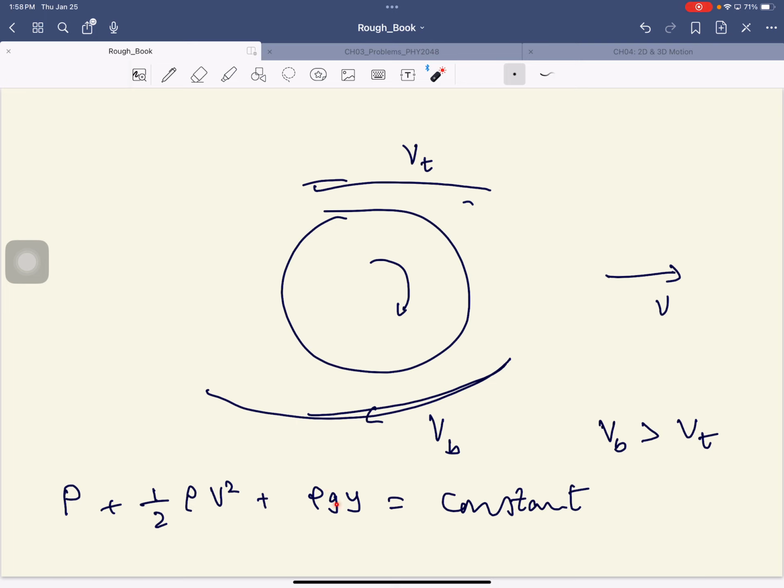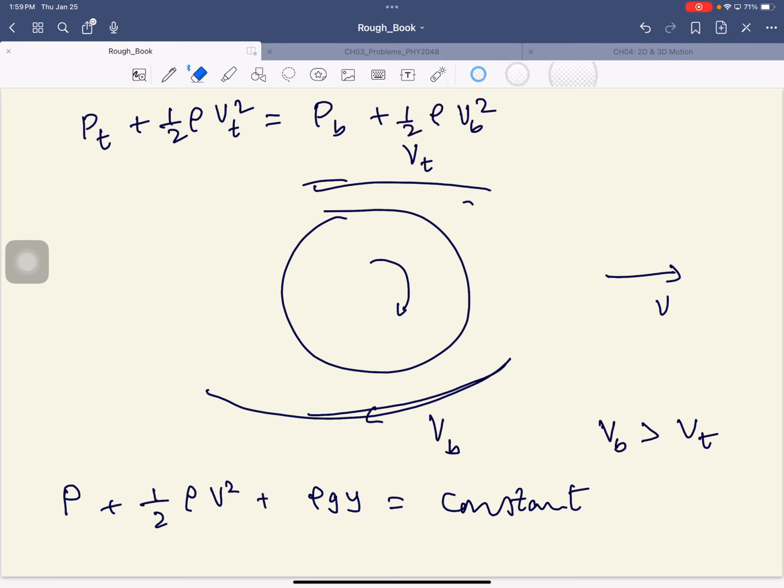So we'll apply this. Okay, so these three terms here and these three terms there are equal. So pressure at the top plus 1/2 rho v at the top square is equal to pressure at the bottom plus 1/2 rho v at the bottom square.